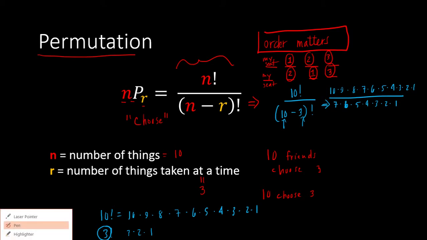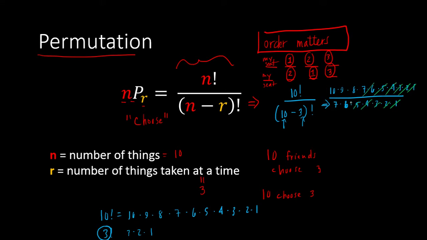Notice now I can cancel out numbers. So I can cancel out my 1s, my 2s, my 3s, my 4s, my 5s, my 6s, and my 7s. And I'm just left with 10 times 9 times 8, or 10 times 72, which is 720. Okay, so again, one way to read this notation is to think of having n objects and the number of ways you could choose r of them where order matters.